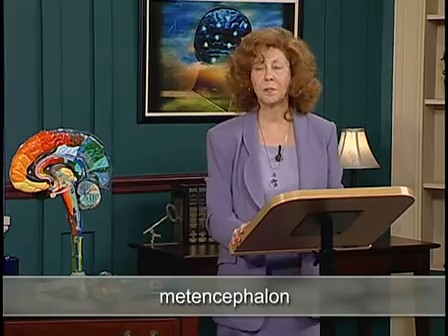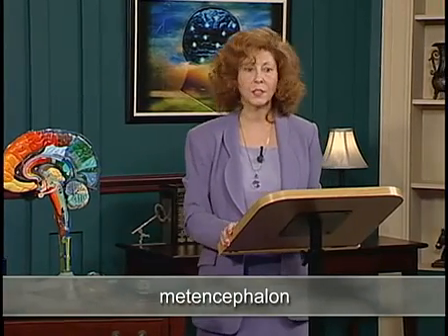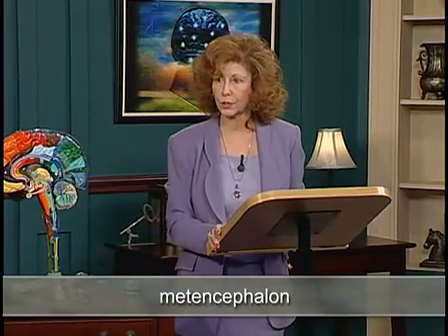The next area of the brain, and again going rostral to caudal, so we've already covered the midbrain, the next area of the brain we come to is called the metencephalon. And the metencephalon consists of two separate structures.